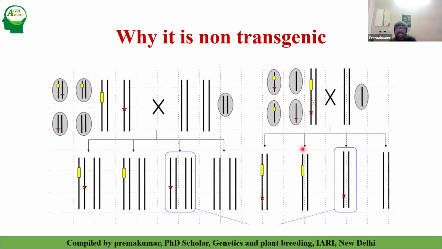It is a simple segregation method. But to do this, we need at least, like in rice, at IRRI they have used nearly 300 to 400 plants in the population to isolate this one or two individuals which have only the mutation but not the marker genes or transgenes.